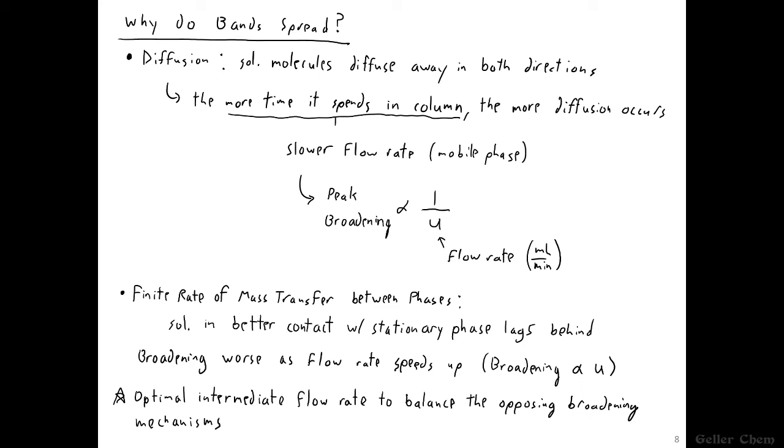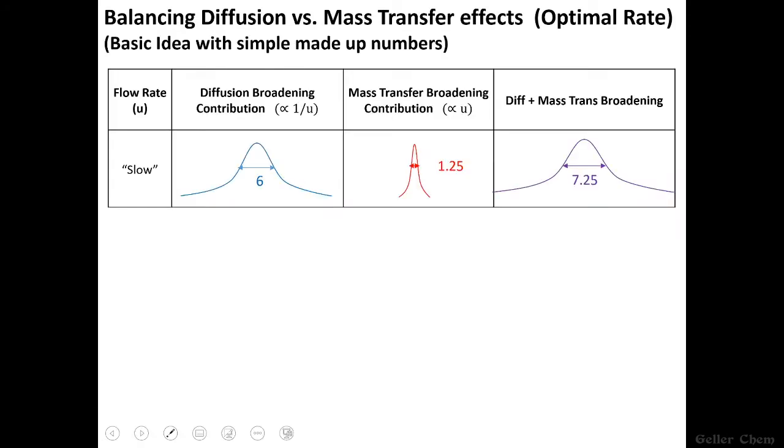Figuring out what that flow rate is part of a chromatography experiment. Let's quickly illustrate this concept more clearly with a simple visual. Let's say that we're flowing our mobile phase through a column at some slow flow rate, don't worry about any specific number. And this causes the diffusion broadening for our solute particle that's being moved through said column to be rather wide, at least relative to what we'll be seeing later on this slide. And so the half width we'll say is 6 units long.